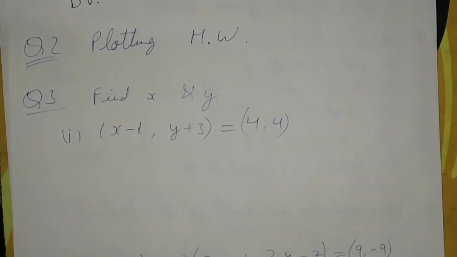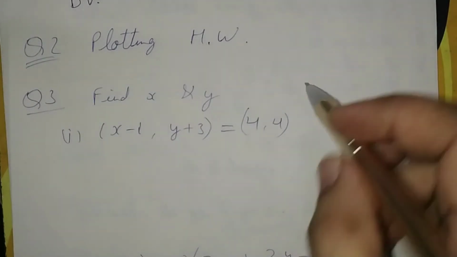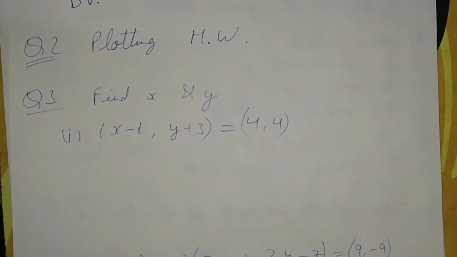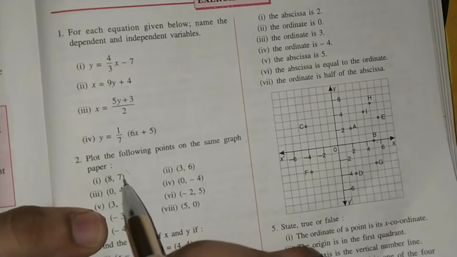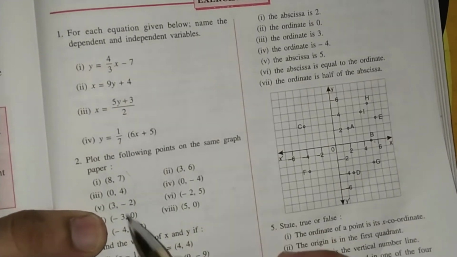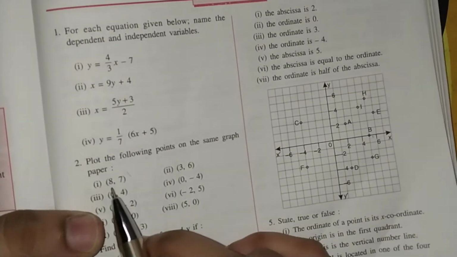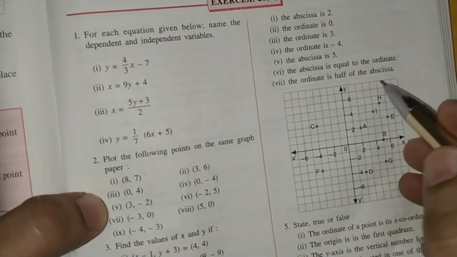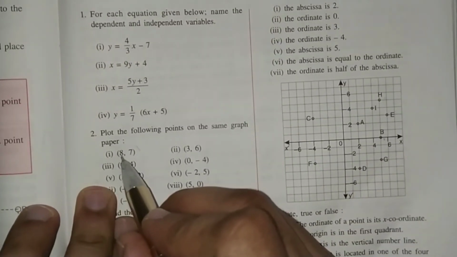The second question is just plotting. You have to plot a few points on the graph paper. So this is your homework. How to plot a number, that is very easy. 8 comma 7, 3 comma 6. These are just simple numbers. Make sure that in your graph 8 must be there.